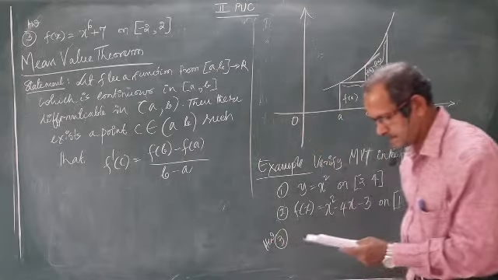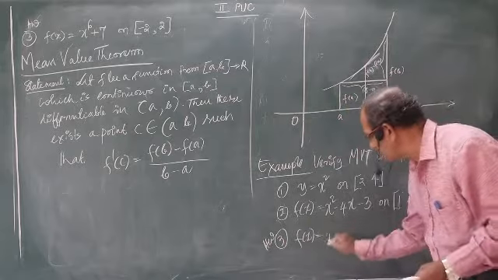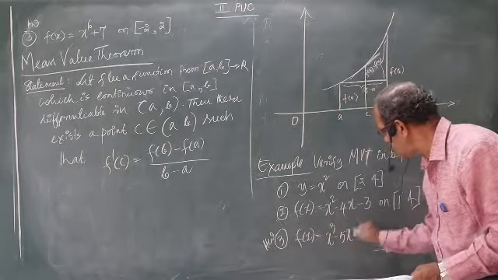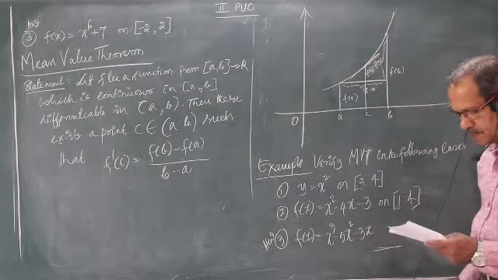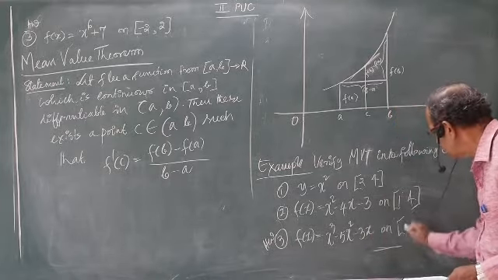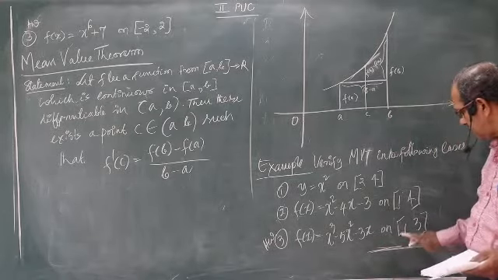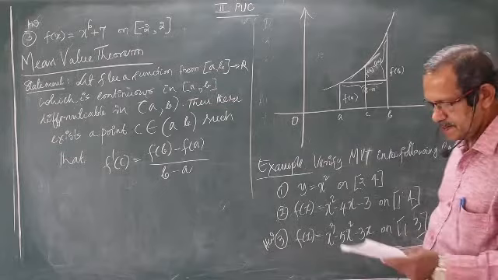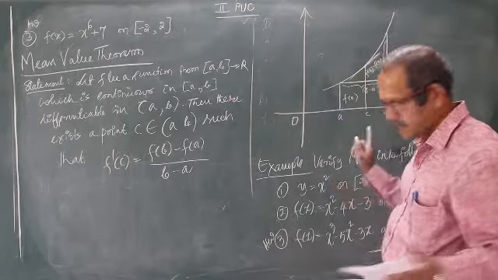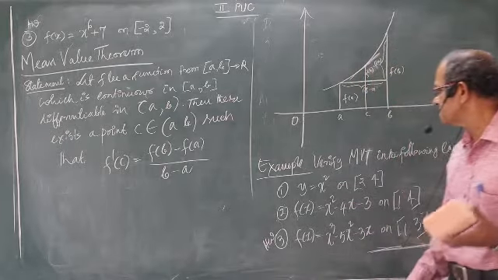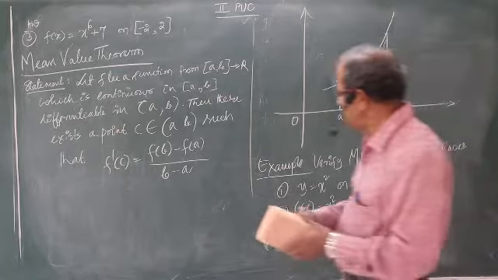Homework: f of x equal to x cube minus 5x square minus 3x on 1, 3. Mean value theorem.